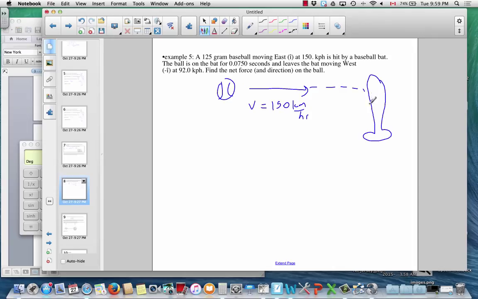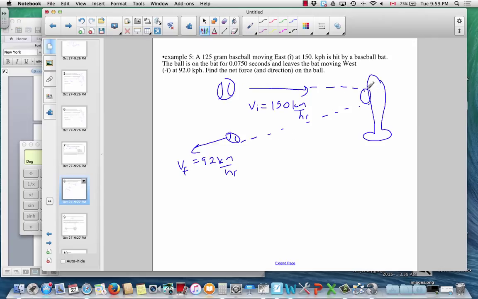Whack. And after we hit it, here's the baseball. And it's now moving west in the opposite direction at a final velocity, and this would be initial, of 92 kilometers per hour. And we want to find the force that acted on the ball.